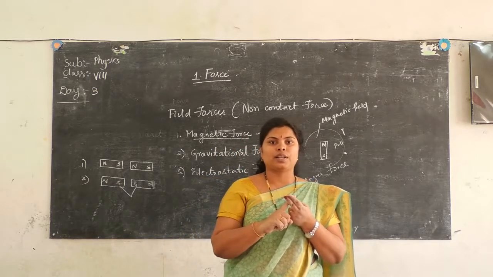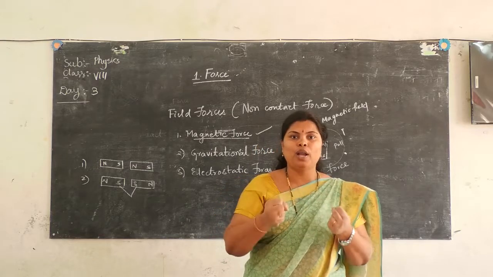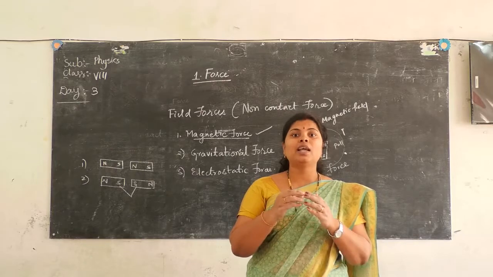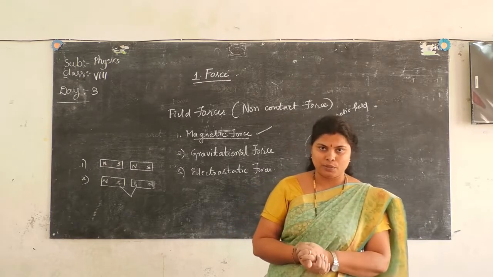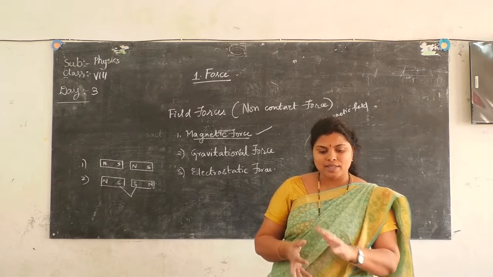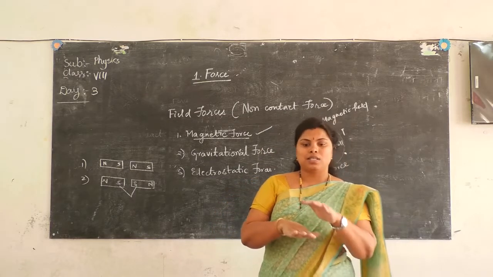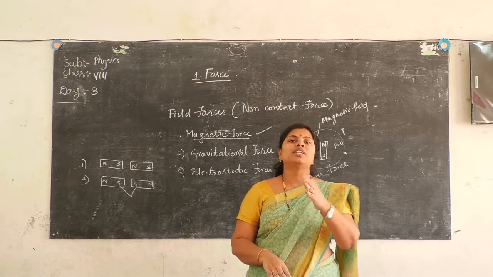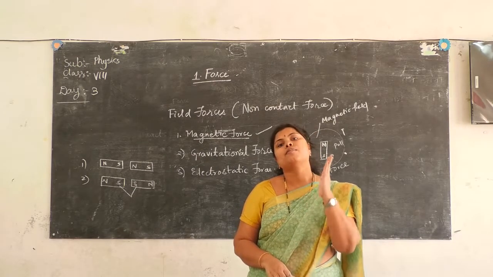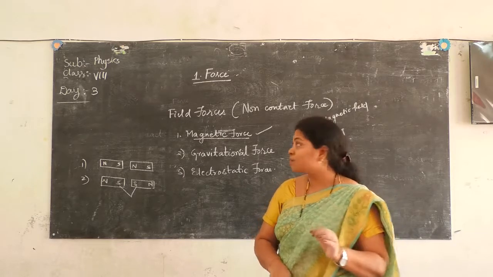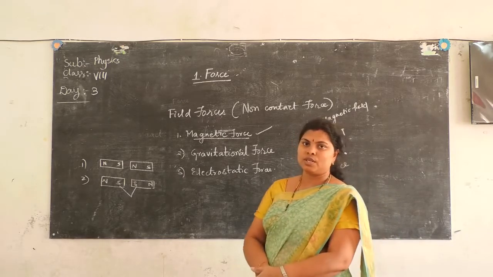With the second student, I have to pull him and throw him out. That means physical contact is existing between them. So, in this case, though the earth is not in contact with the object, still the earth is exerting some force on the object. Hence, gravitational force comes under field force.